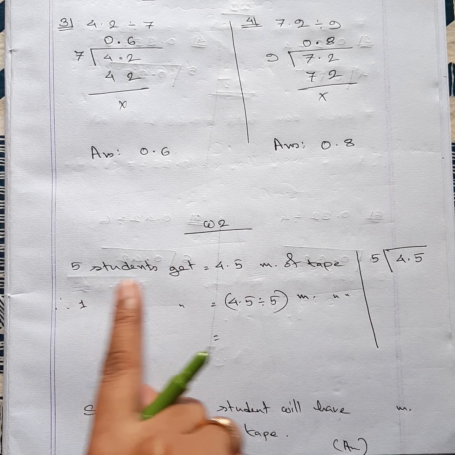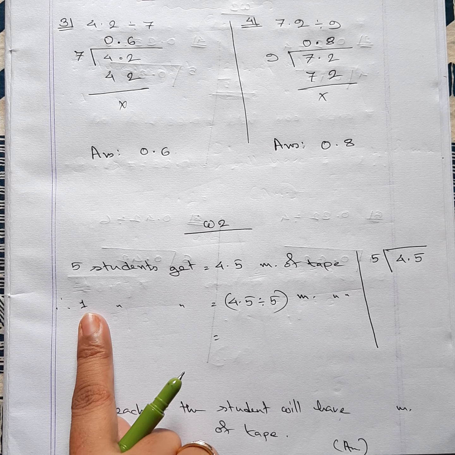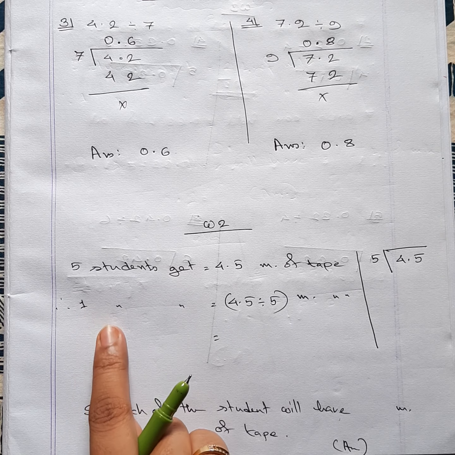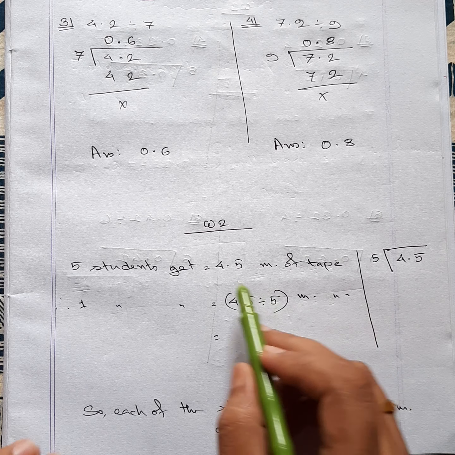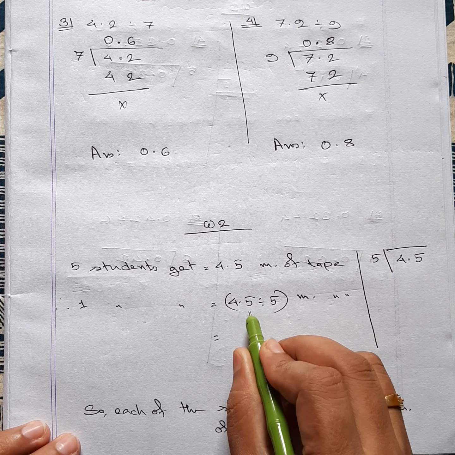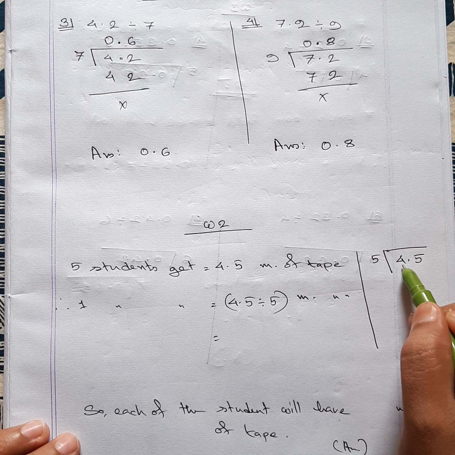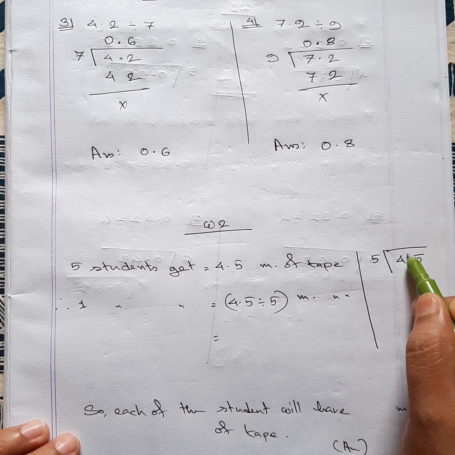Let's divide it. 5 students get 4.5 meters of tape, then 1 student will definitely get a lesser amount, and less means division. Our right side number is getting divided by our left side number, and you can see I have already done it. 4 cannot be divided by 5, that is why I need to take another digit.